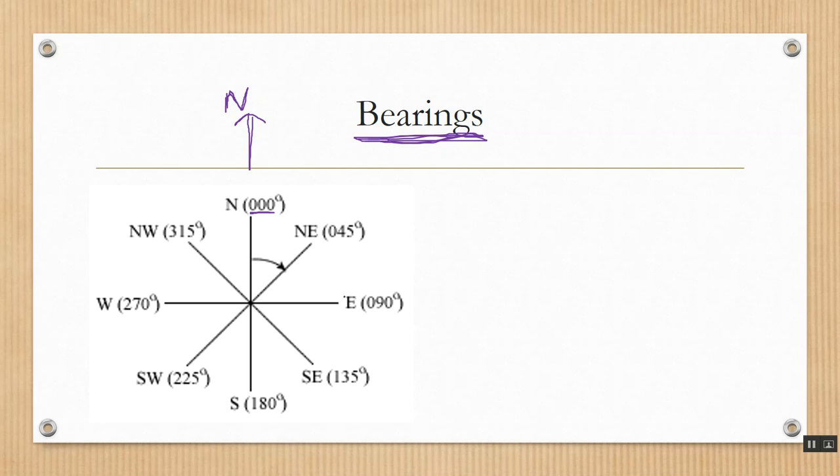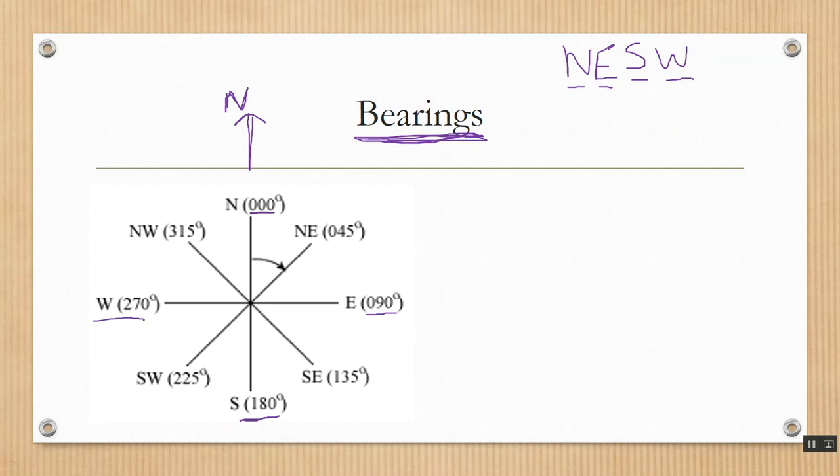So north, east, south, and west. You might use something like "never eat soggy Weet-Bix" to help you remember. East is 090. South is 180 degrees.